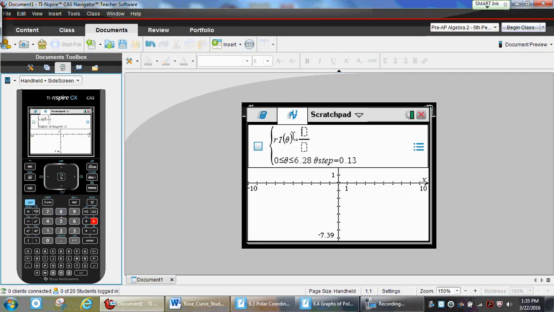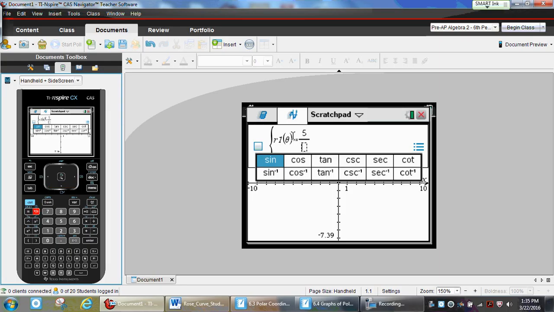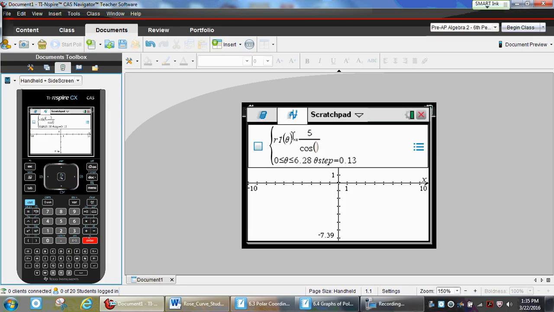Okay, so 5 on the numerator. And then on the denominator, we need cosine of theta. Where am I going to find that? Oh, there we go. So you can press the pi symbol. Wait, where's the theta symbol?